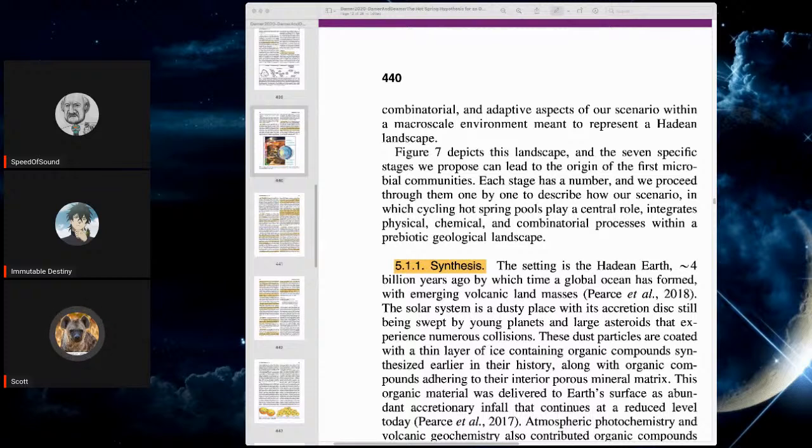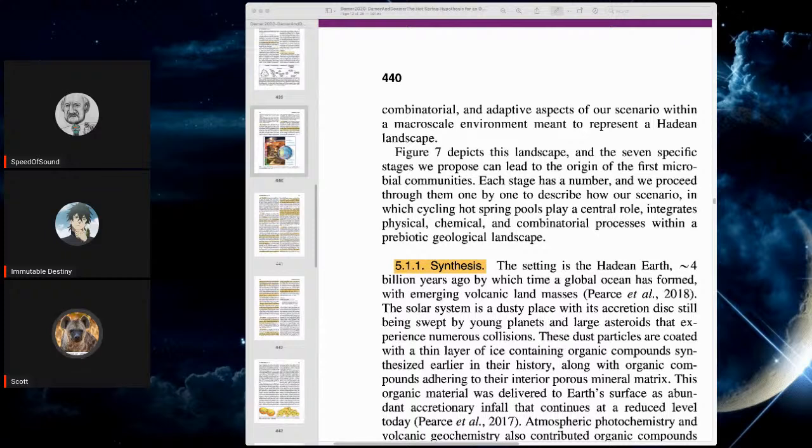Each stage has a number, and we proceed through them one by one to describe how our scenario, in which cycling hot spring pools play a central role, integrates physical, chemical, and combinatorial processes within a prebiotic geological landscape.